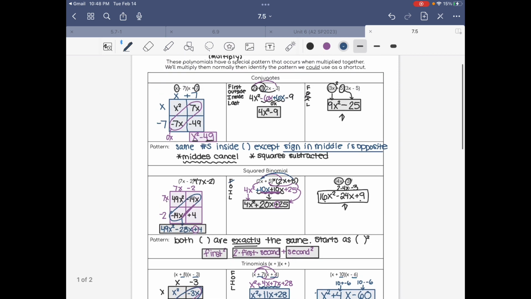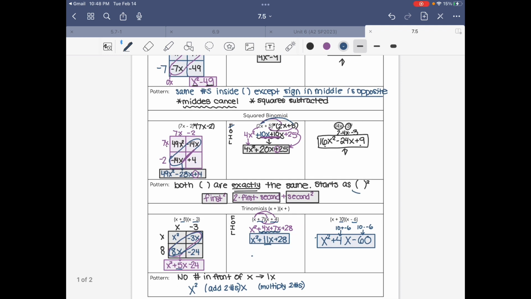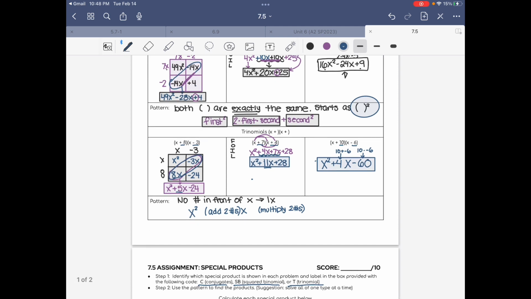Like all of these. Same numbers, opposite signs. Squared binomial is the one that has the parentheses squared. And trinomial is the one where there's no number in front of x on either of the parentheses.